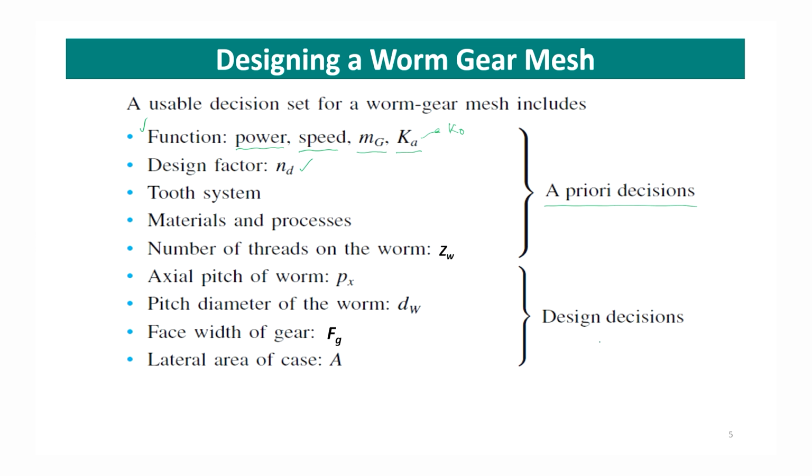Then based on that, some design decisions have to be taken, and those are the axial pitch of the worm, px. That means the worm has these threads, a number of two, so the axial pitch is this distance, px. Then the pitch diameter of the worm, dw, and the face width of the gear, Fg.